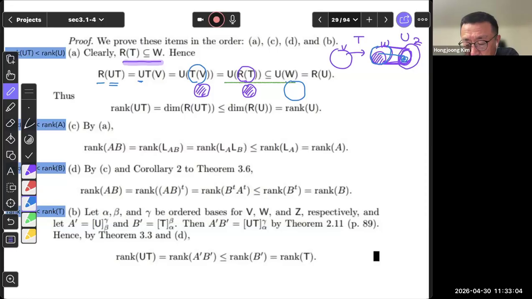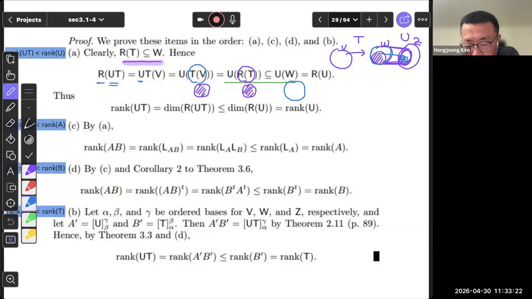So the image of this purple under U will be included in the image of the whole W space, right?